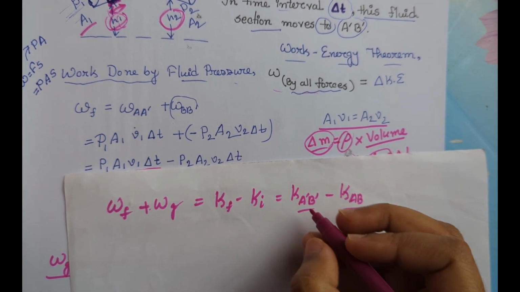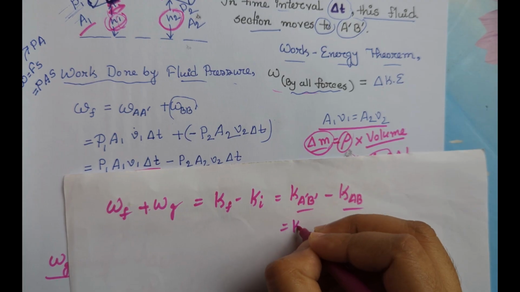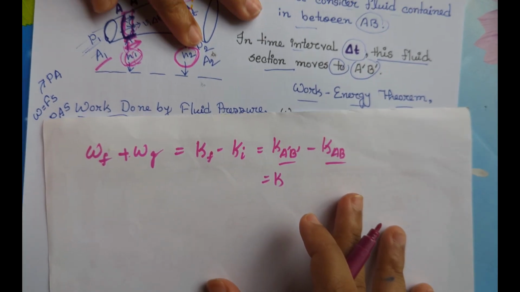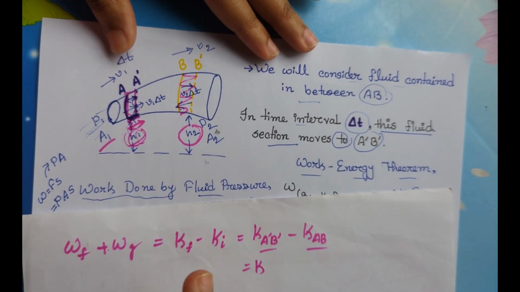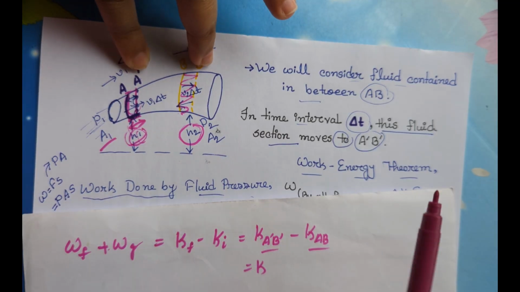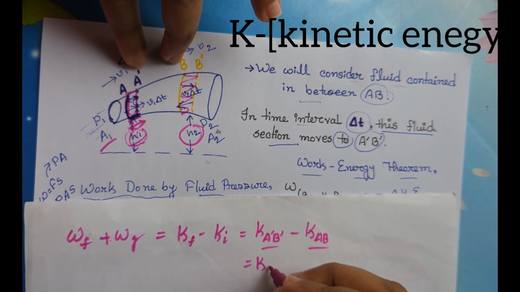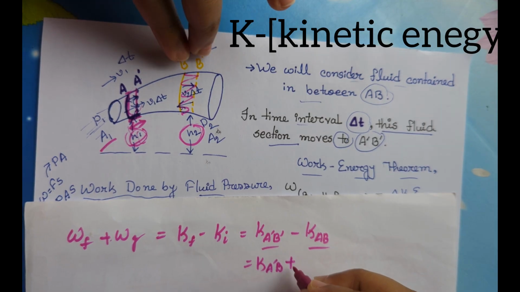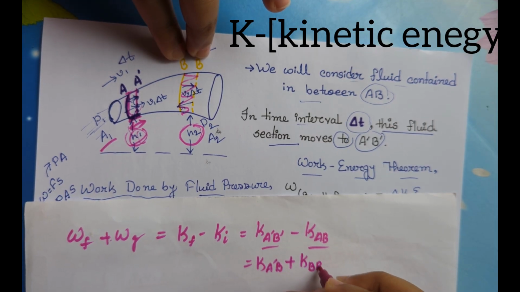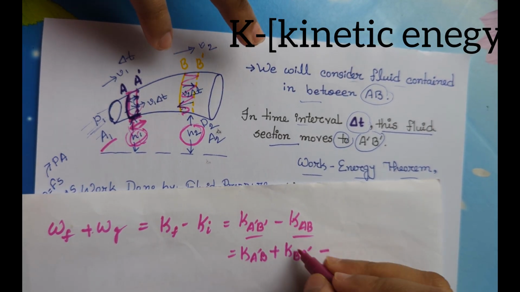According to our potential energy, we can also break this down into these two points. Look at this figure, here we have written A prime B prime. So we can divide this into potential energy of A prime B plus potential energy of B prime minus potential energy of AB.